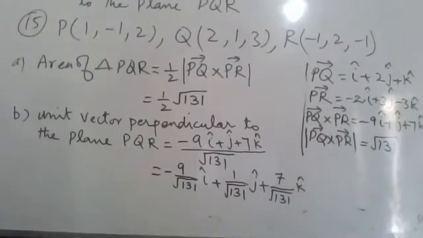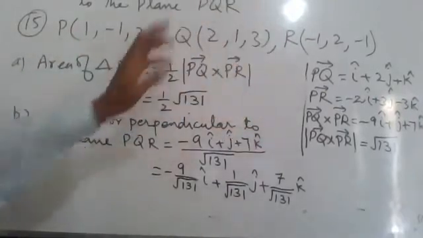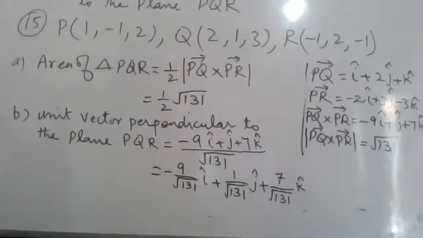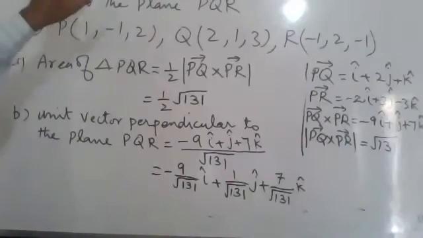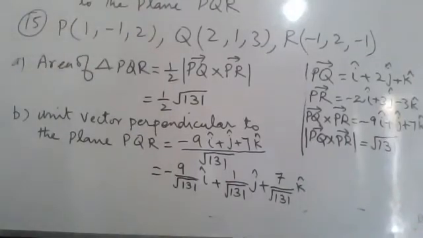For example, this is PQRS. So we find the vectors PQ and PS, then take the cross product, then take the magnitude. That will be the area of the rectangle PQRS or the parallelogram PQRS.